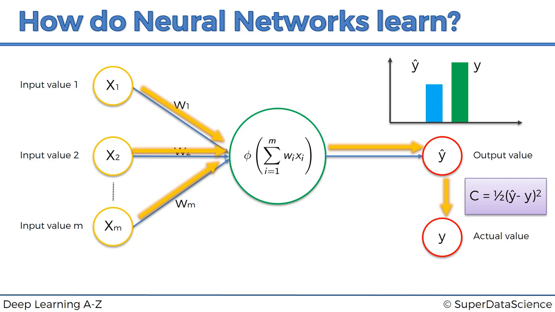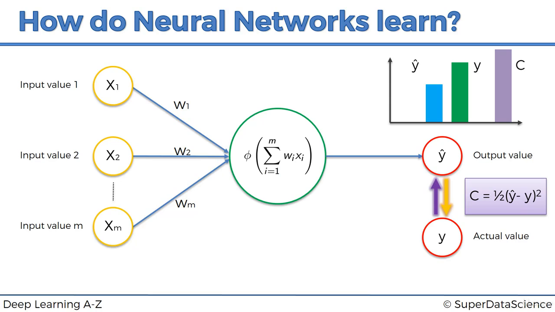So basically from here, what happens is there's our cost function. And once we've compared, now we're going to feed this information back into the neural network. So there we go. There's the information going back into the neural network, and it goes to the weights, and the weights get updated.